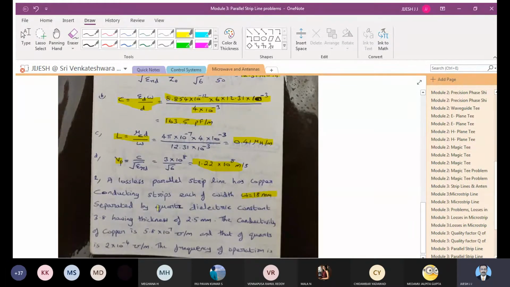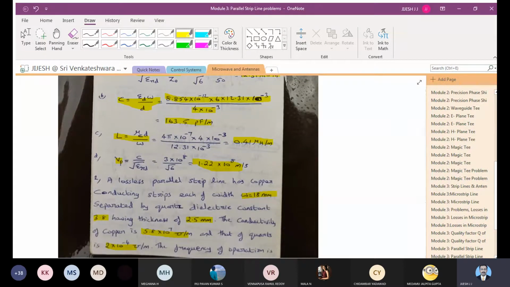The dielectric constant is 3.8, having a thickness of 2.5 mm. The conductivity of the copper is 5.8 into 10 to the power of 7, and that of the quartz is 2 into 10 to the power of minus 4 mho per meter.